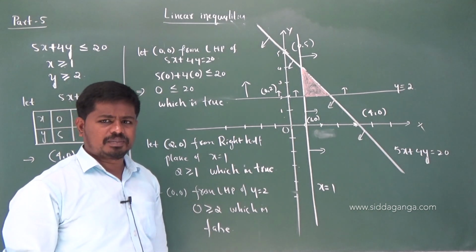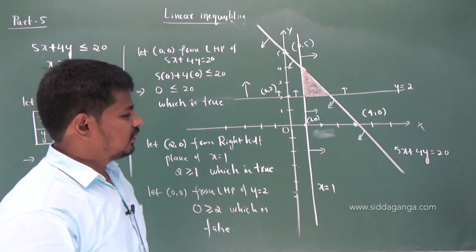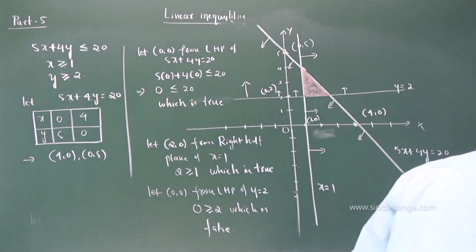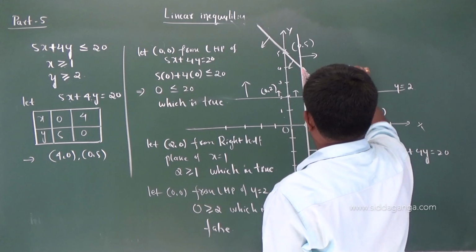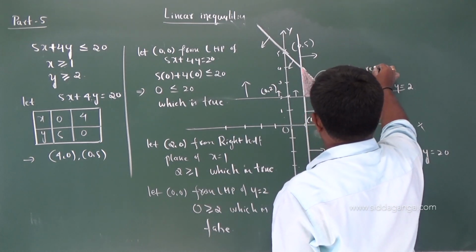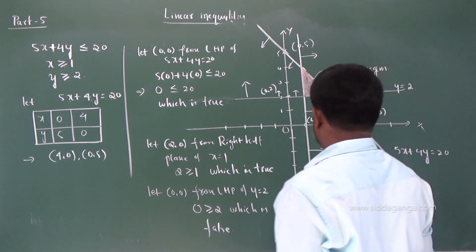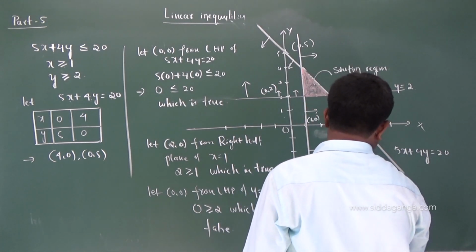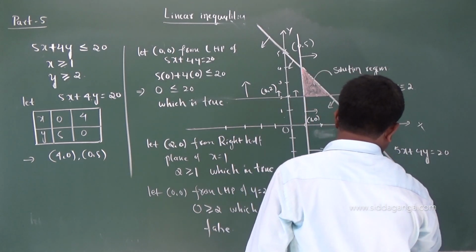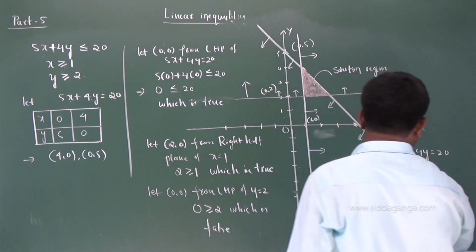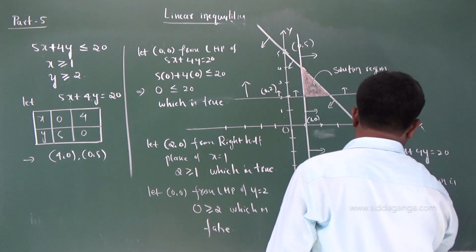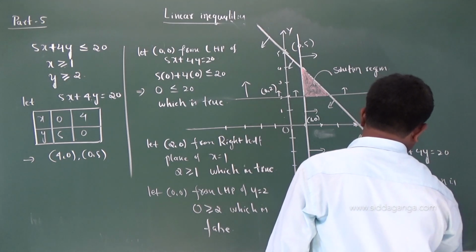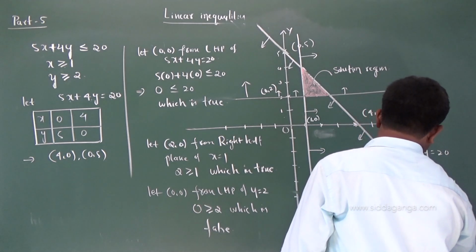Very simple. So this is your solution region. To mention in the graph, at last, the common region is the solution region. That's it.